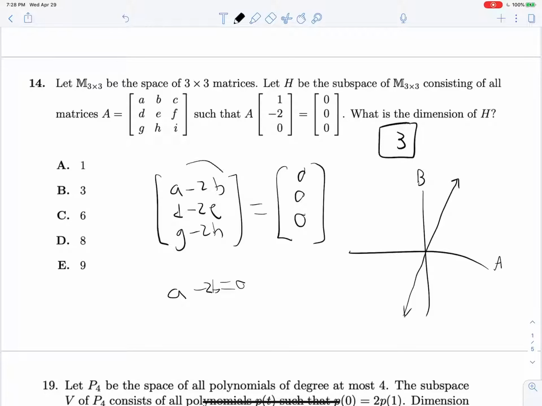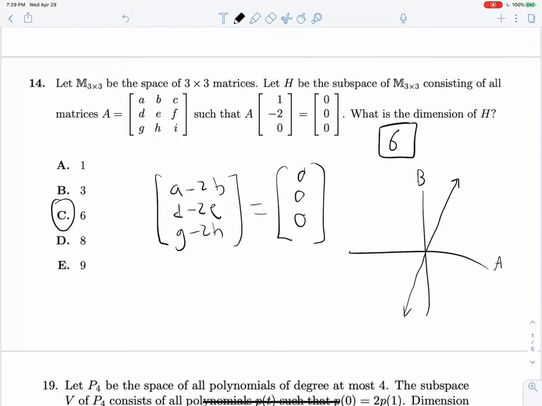So for each of these equations here, we are gaining one additional quote-unquote degree of freedom. So we have 3 different one-dimensional lines, and as a result, each one of them contributes 1 degree, so we get 6 as our answer.